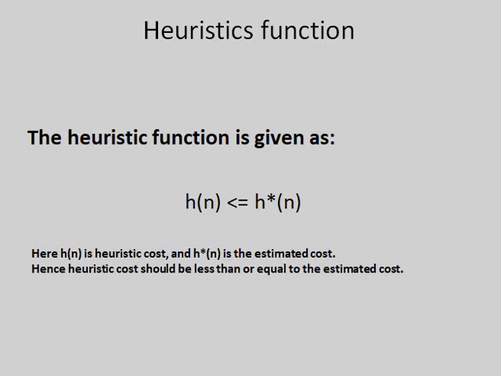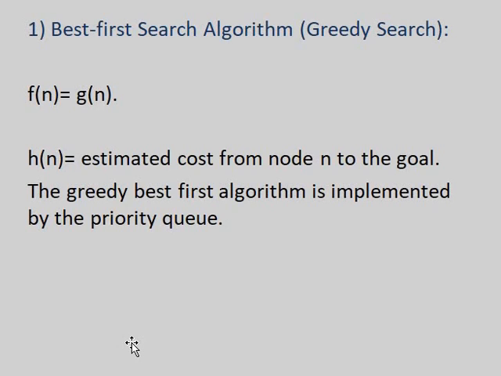Now let's see the first heuristic algorithm, that is the best first search algorithm. This best first search algorithm is also known as the greedy search algorithm, and this algorithm will always select the path which appears the best at that moment.